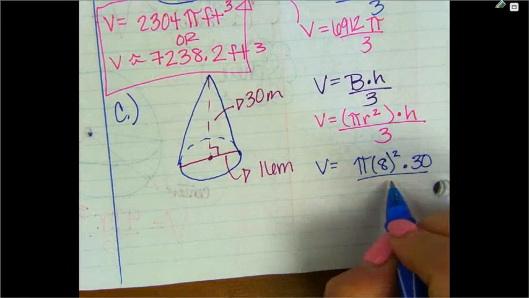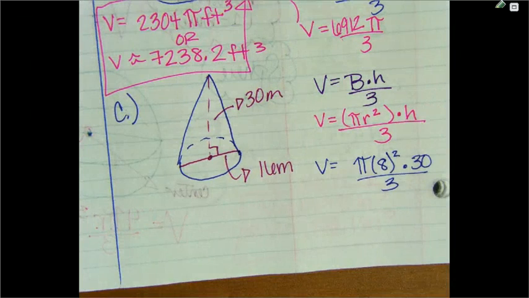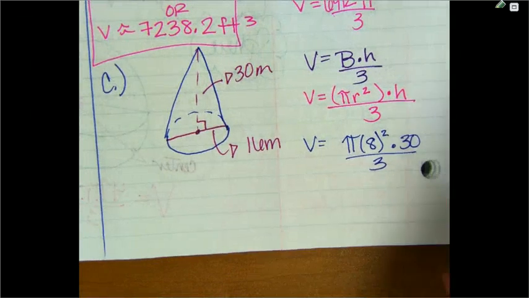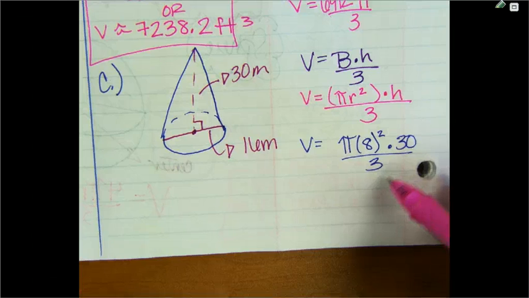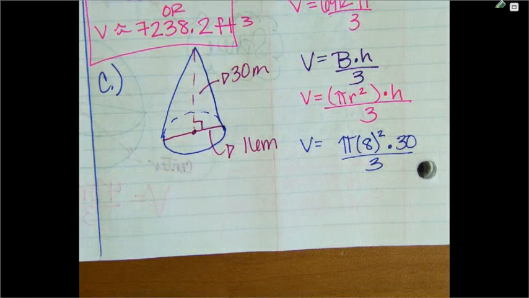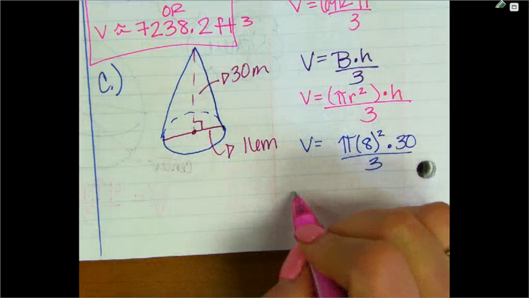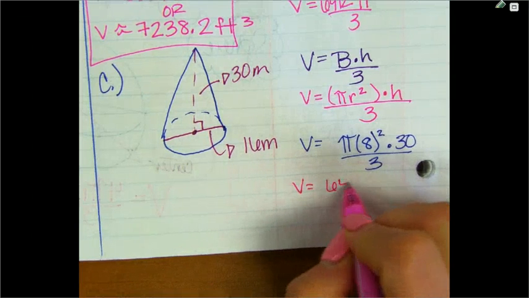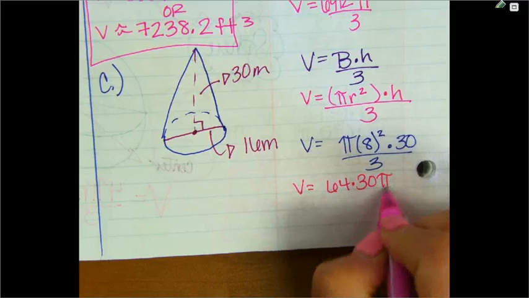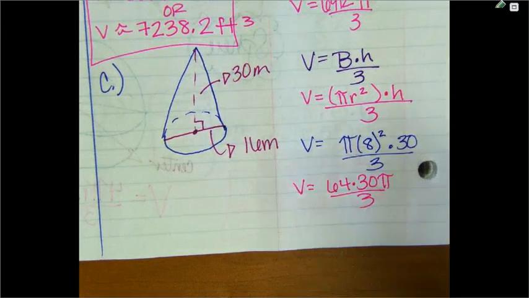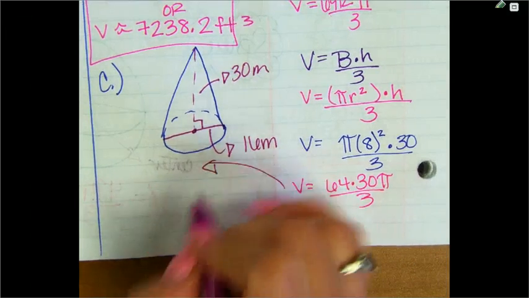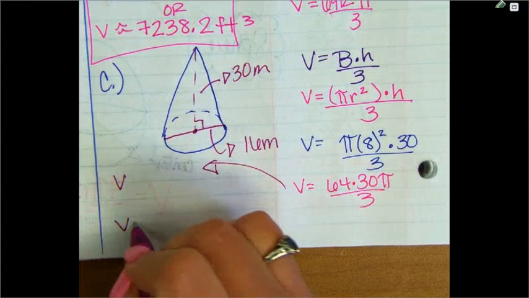30 divided by 3. You can do one of two things at this point. Some of us look and see 30 and 3 can reduce. You can reduce it now, or you can multiply and simplify at the end. What's 8 squared times 30 times pi over 3? Give me my two answers, one reduced and one approximate.